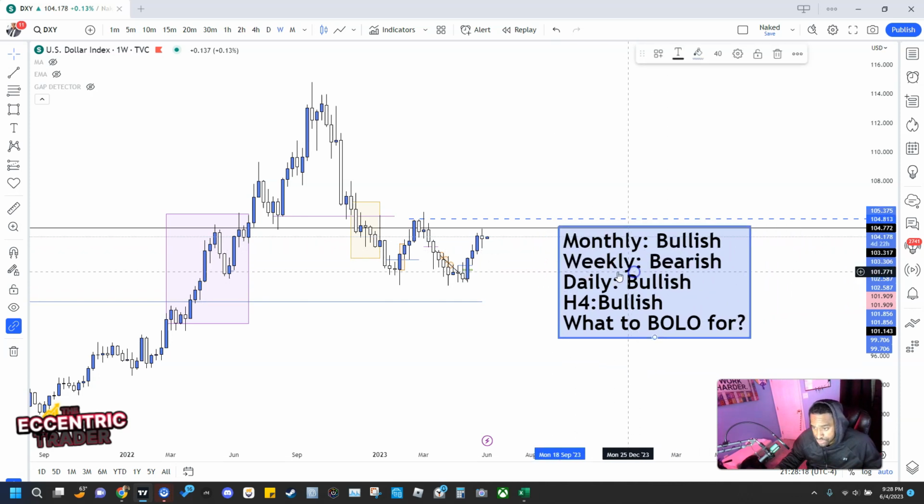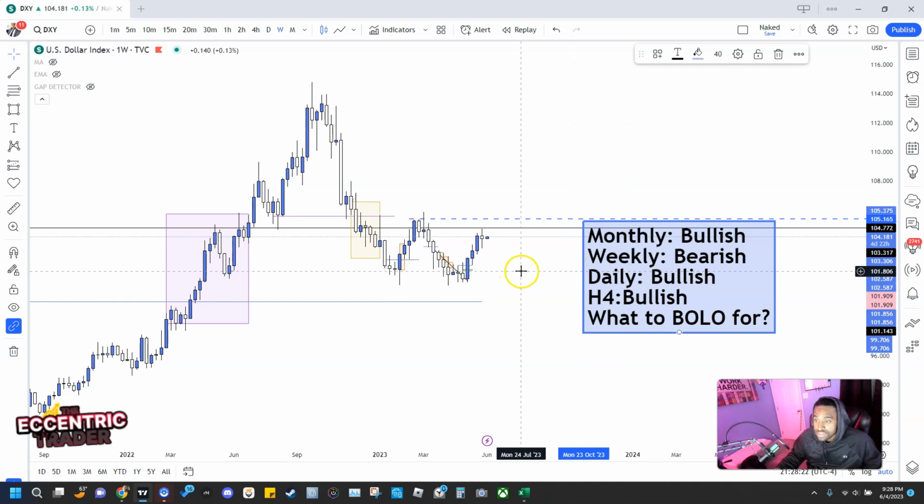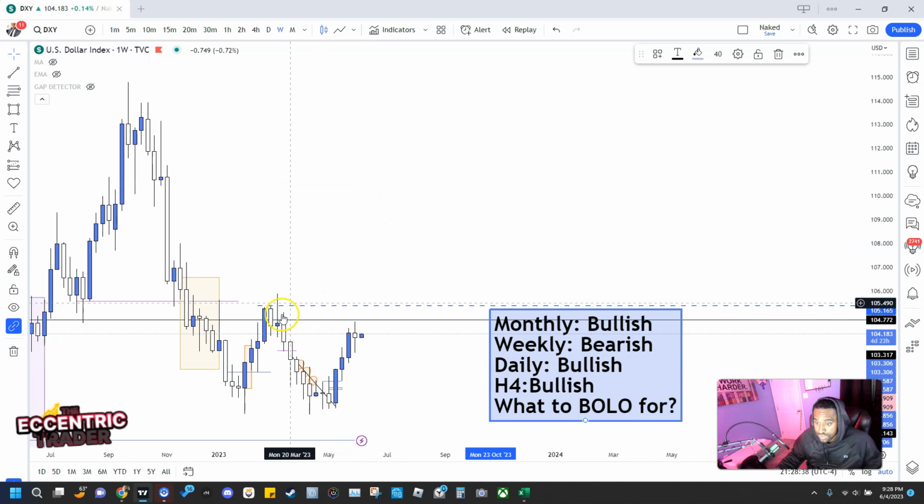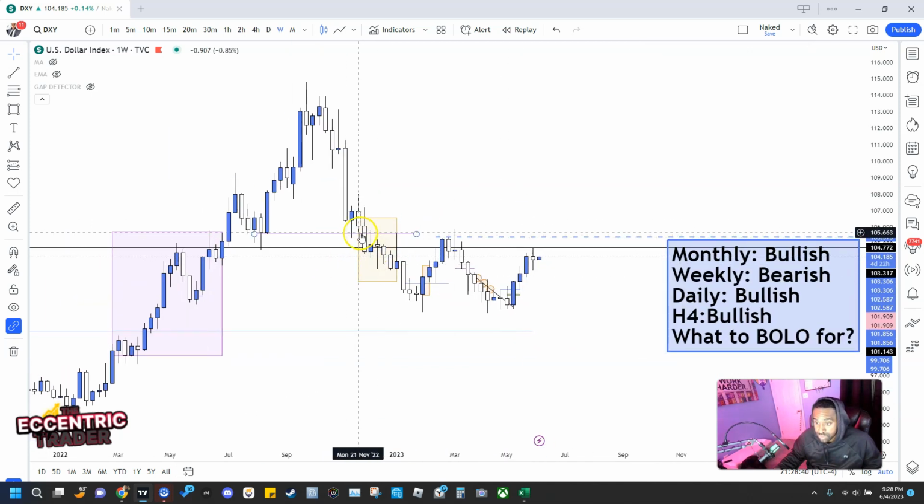If you do market structure, if you're a price action trader, then you would see clearly that it's bearish, right? So the last level of support that was broken was right here. Price came 1, 2, 3, 4, 5. These 5 candles broke this level of support, right?